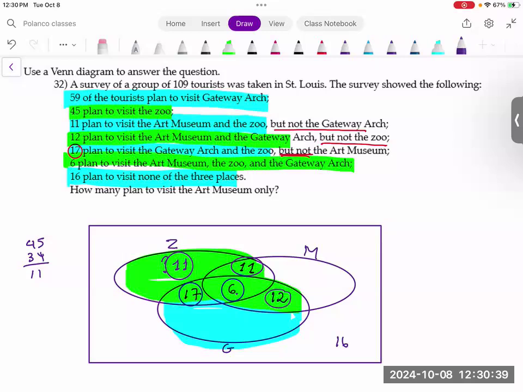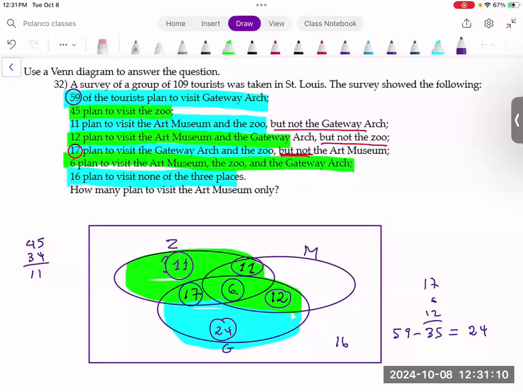If you add them up together, you're going to get 35. So 35, you want to make it to 59, right? So 59 minus 35, that's going to be 24, right? So 24 is going to be over here. 24 tourists are planning to visit the gateway arch only.